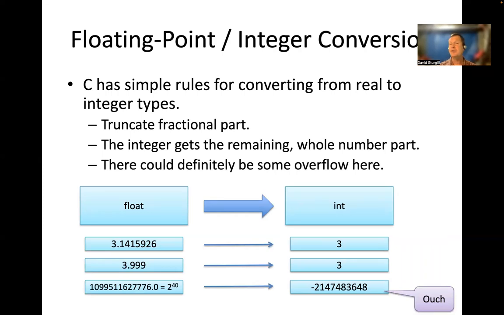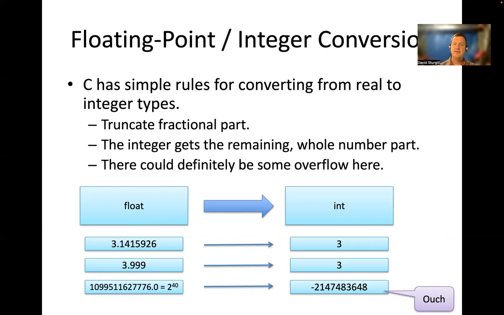Let me say it again real fast. You can convert between float and int. In principle, float has more capacity. It can represent larger values, but it also has limited precision. We're going to see the result of that when you convert from float to int, any of the floating point types to the integer types.